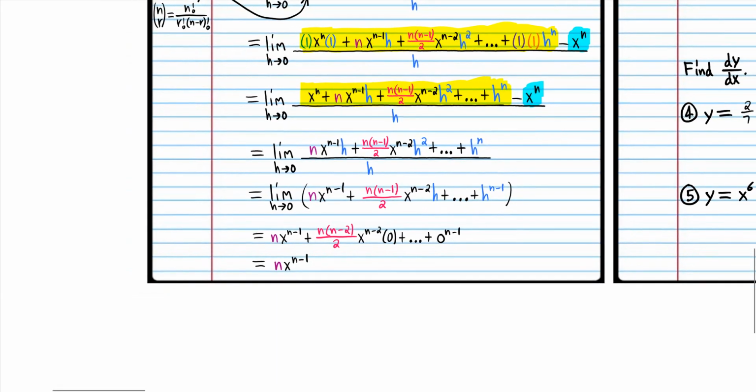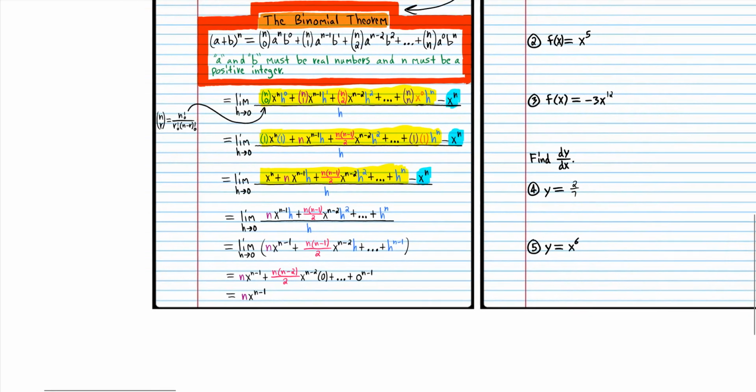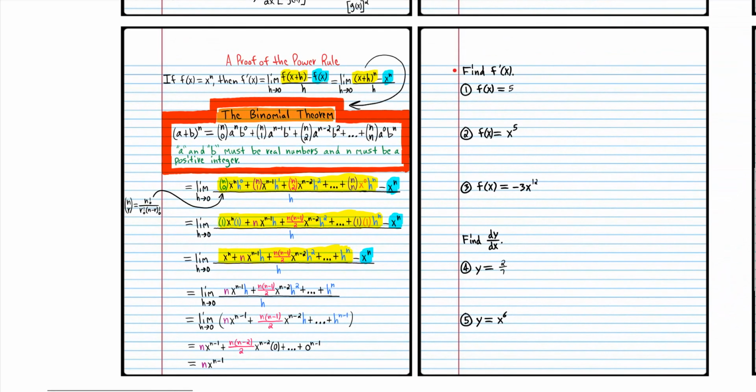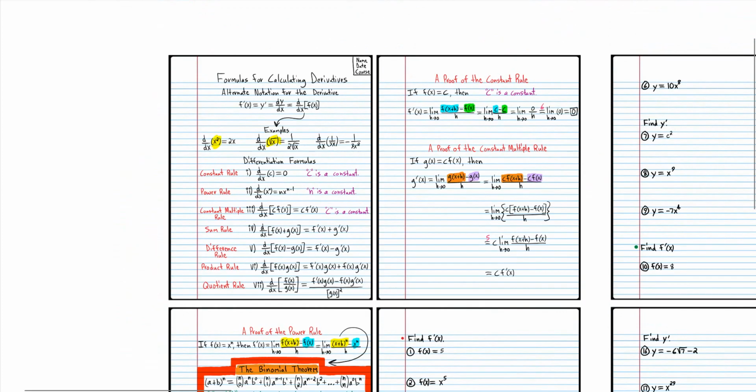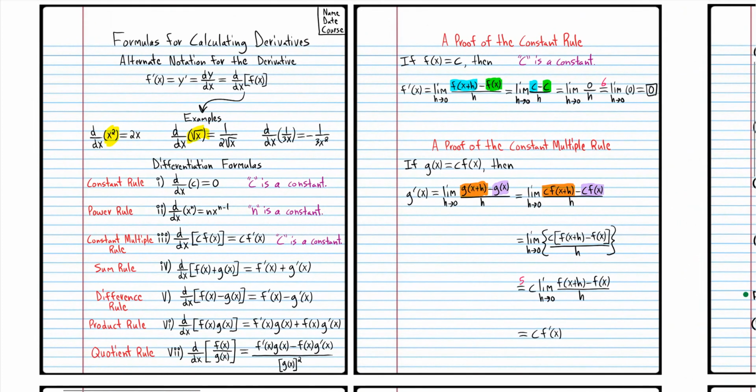But after you divide by h, you can allow h to be 0, and all these terms cancel out except the first one. So that is the proof of the power rule. But again, none of that really means anything unless we understand what's important about these rules.